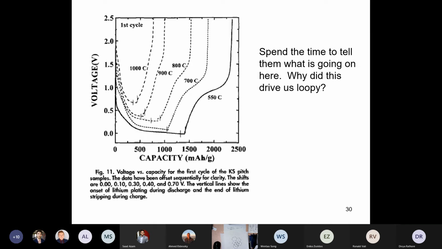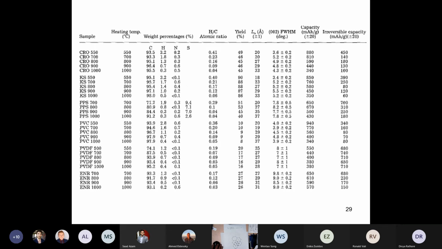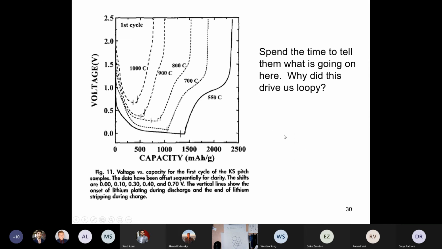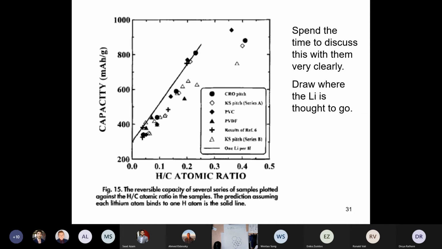It drove us crazy. But the most important thing was noticing that it was present in all of these materials, regardless of whether they were hard carbon precursors, they had this high capacity, or if they were soft carbon precursors, they had this high capacity, etc. And finally, we plotted this graph. We plotted the reversible capacity versus the hydrogen to carbon atomic ratio in the material.